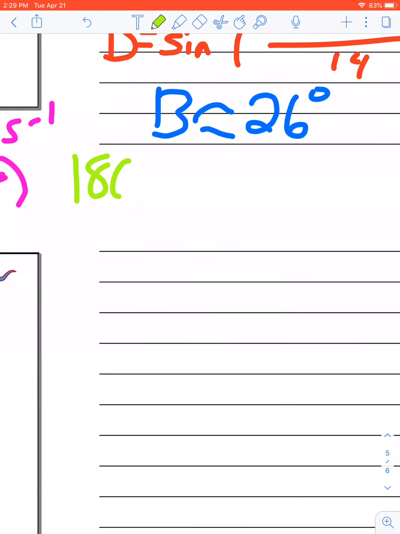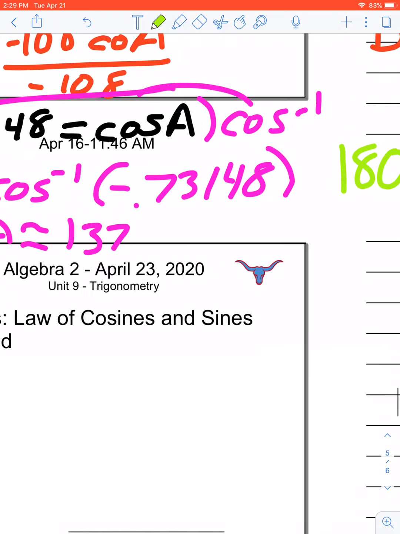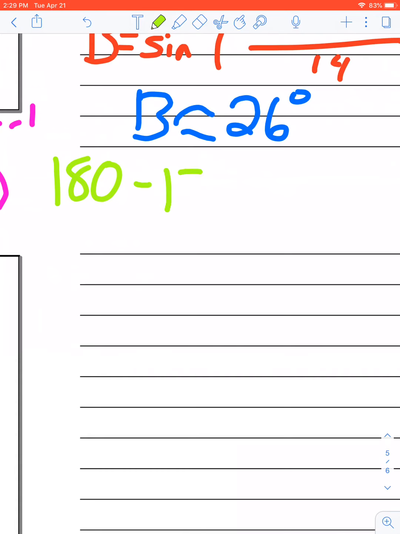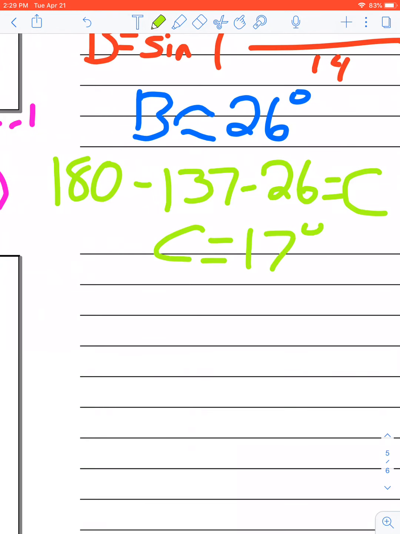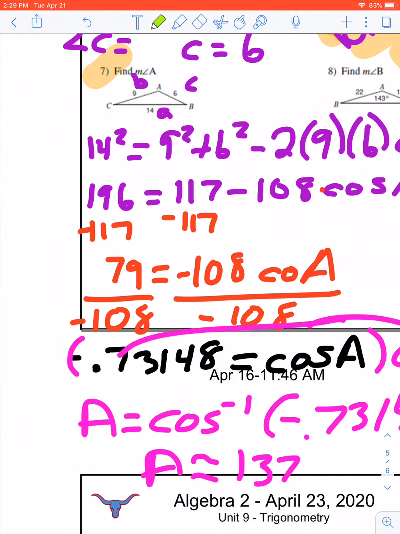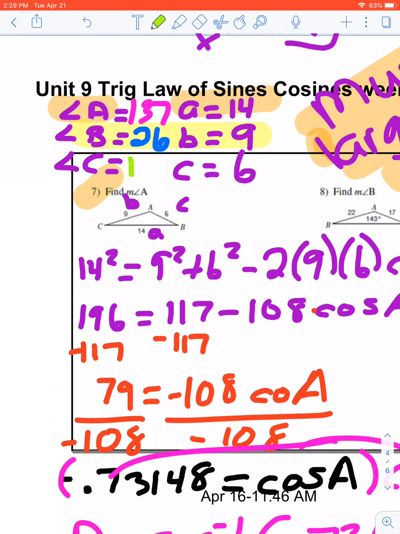So we're going to do 180 minus A, which was 137, minus 26, and that's going to give me my C. So I do 180 minus 137 minus 26, and I get C is 17 degrees. So I come over here, and I put C is 17. 137 plus 26 plus 17 equals 180. So I know I have the correct angle measurements at least because they add up to a triangle.